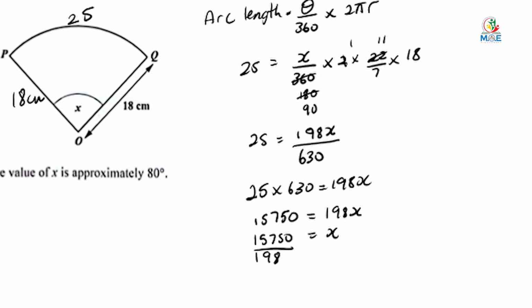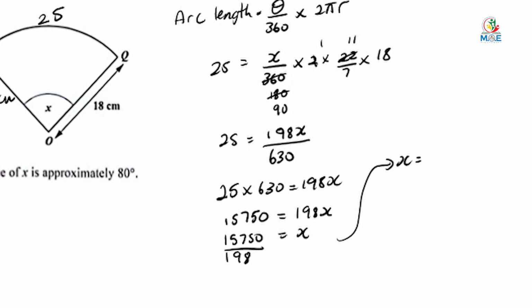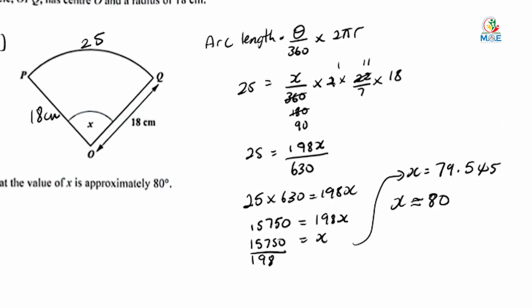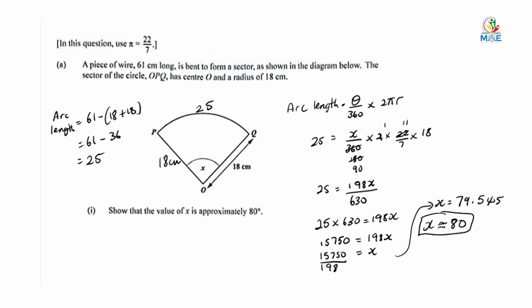We divide this by 198 and we get 79.545, and hence x is approximately equal to, when we round this off correct to the nearest degree, 80 degrees. And that is how we show that x is equal to 80 degrees.